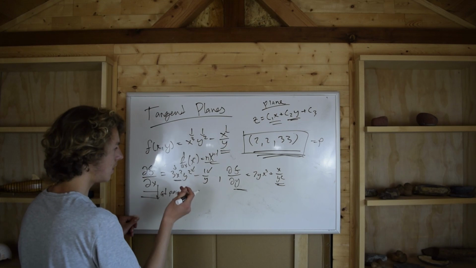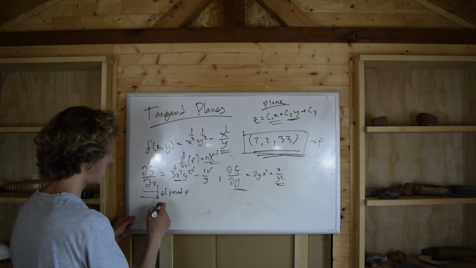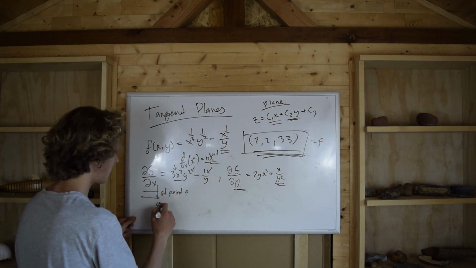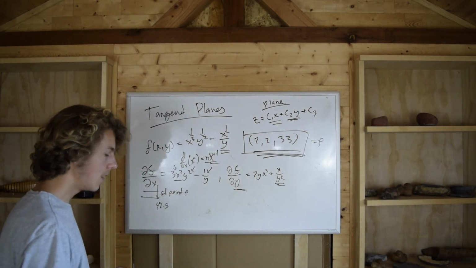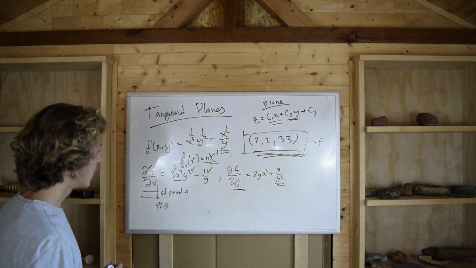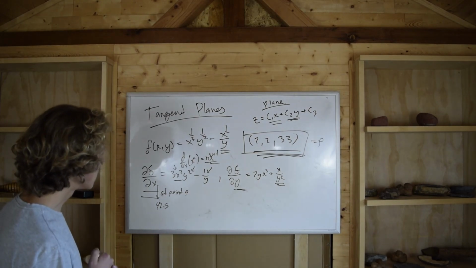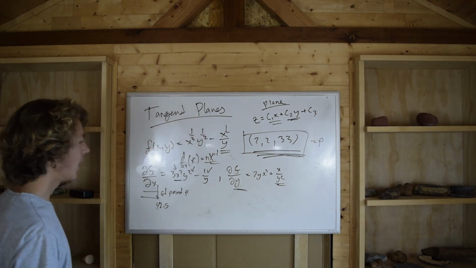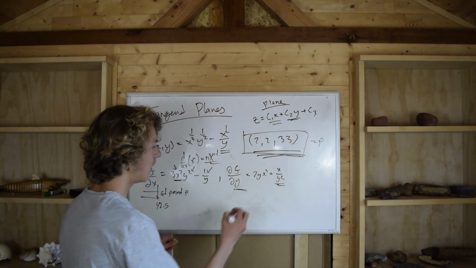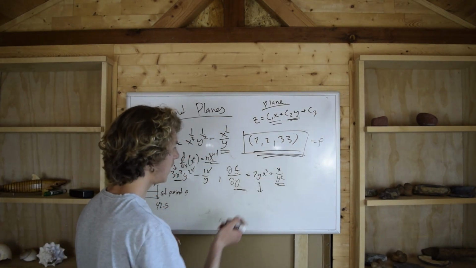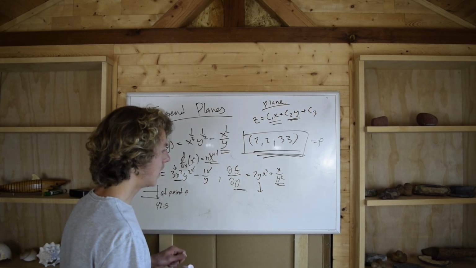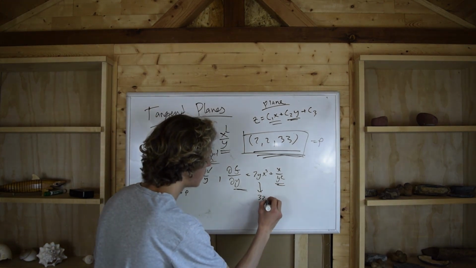It should be, hold on, 47.5. Yeah. Okay. It should be 47.5. And here, if we evaluate this at point P, we get 4, 8, 32. It's 1/2. We get 32.5.